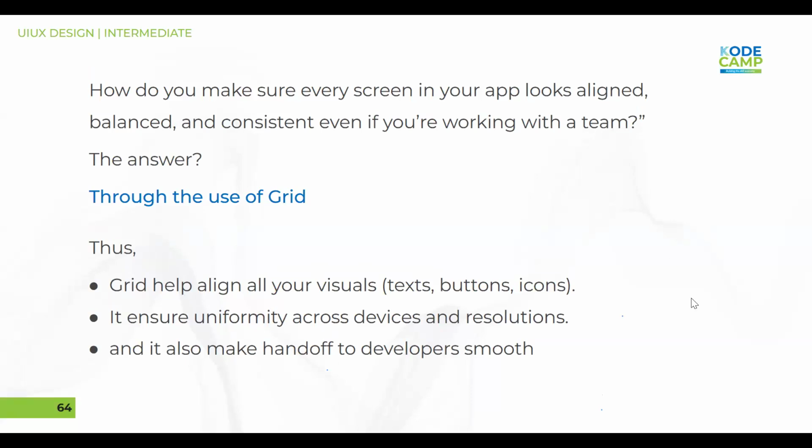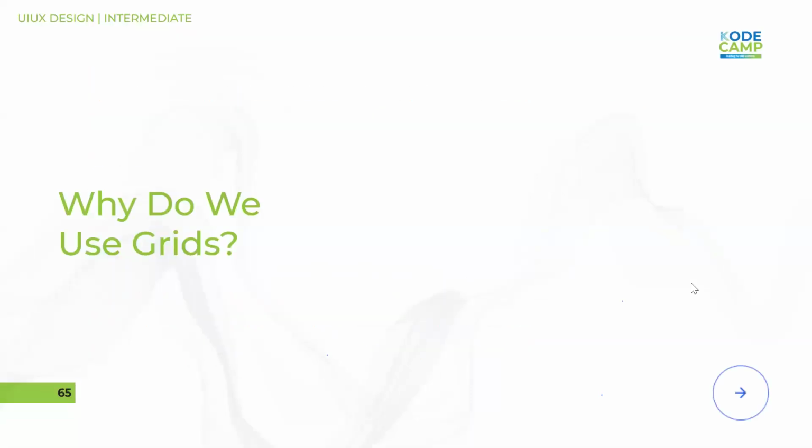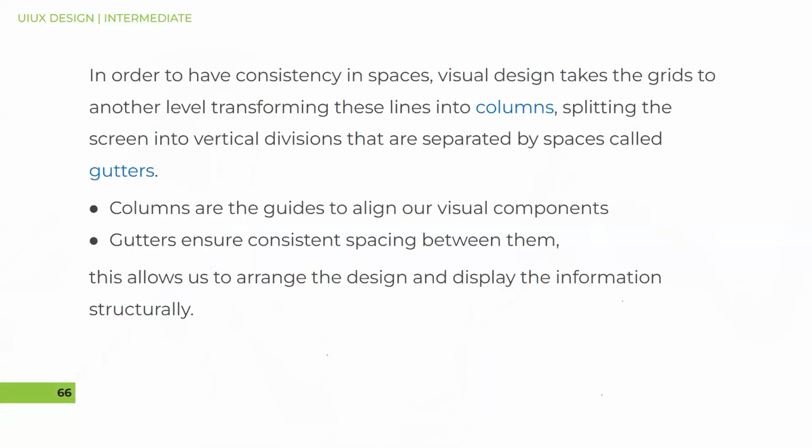Okay, so we proceed. Why do we use grids? In order to have consistency in spaces and visual design. Visual design takes the grids to another level, transforming those lines into columns, splitting screens into vertical divisions that are separated by spaces called gutters.